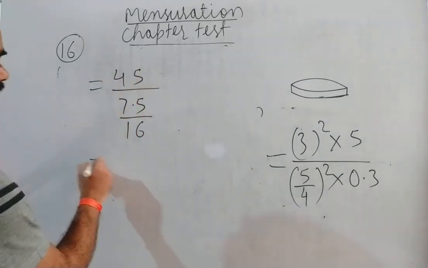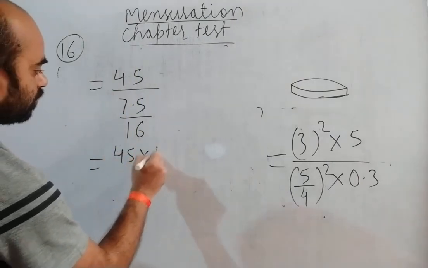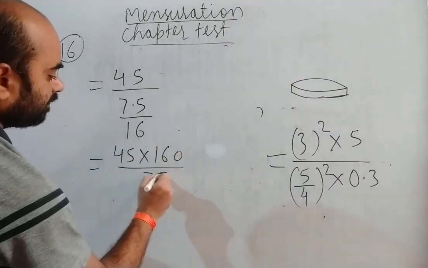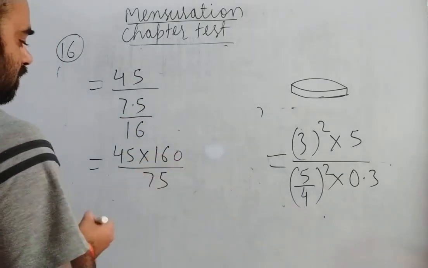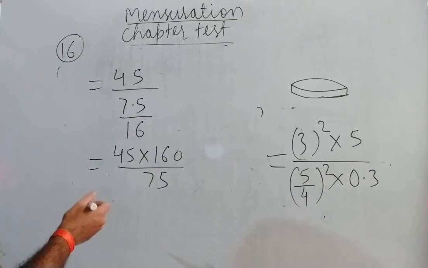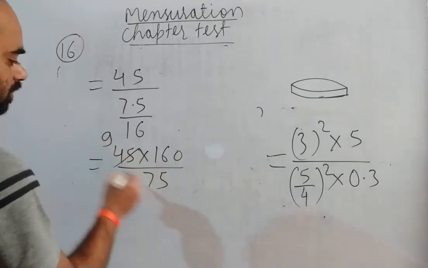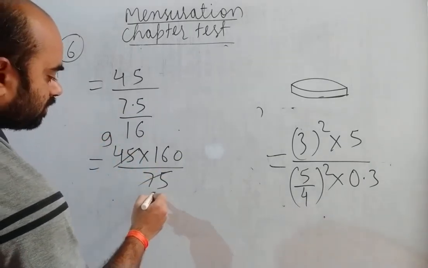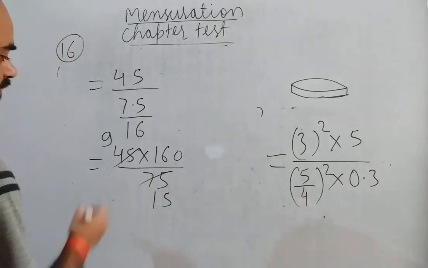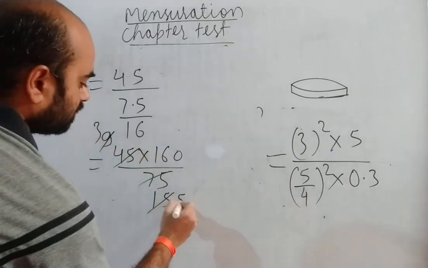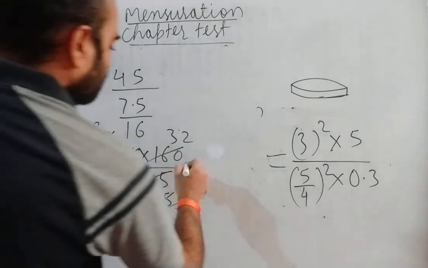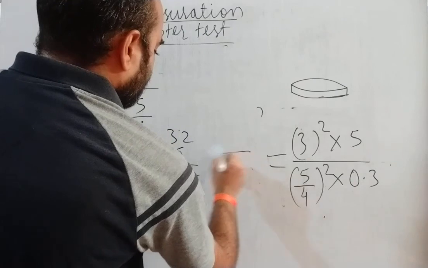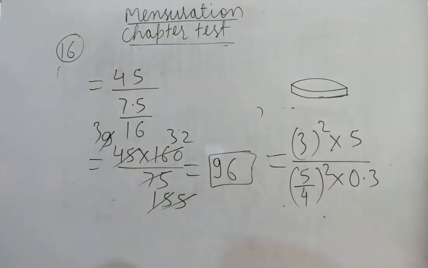So this will be 45 into 160 upon 75 after removing the decimal. So this will be 15, and then 32 into 3, that is 96 coins. Correct? The answer will be 96 coins.